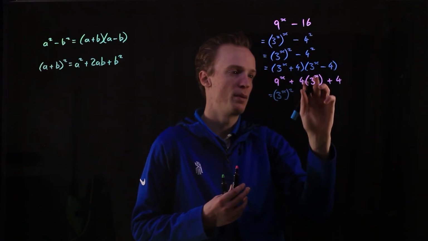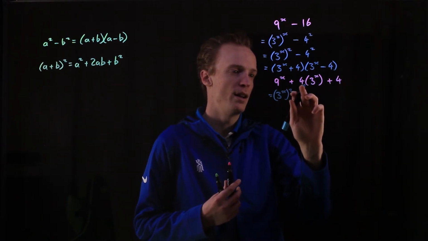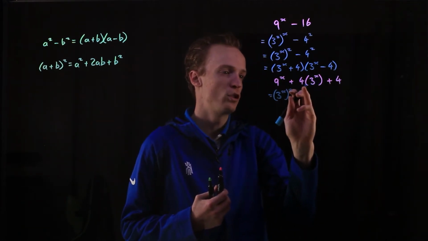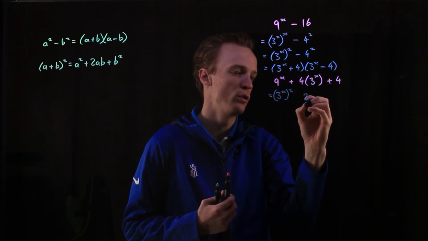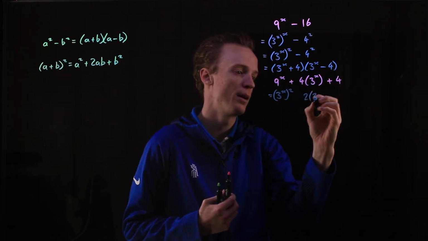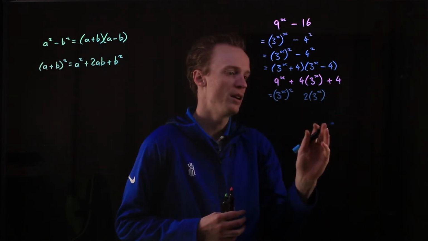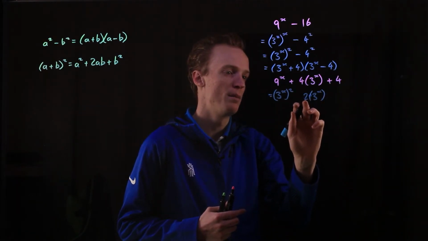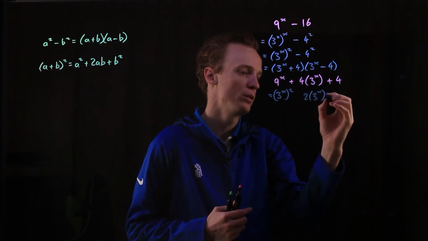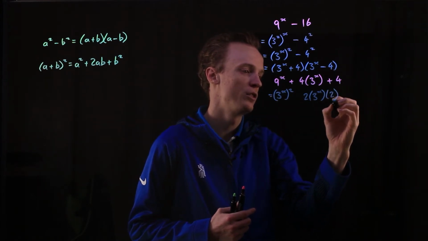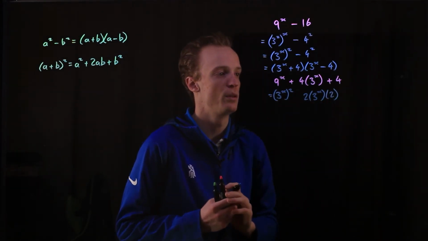So my a is 3 to the power of x, I've already got that. I need to multiply this by 2, so it'll be 2 times my 3 to the power of x. And now I need to multiply this 2 by a number to get it back to 4, which will be 2. So I'm suggesting my b value is going to be 2.